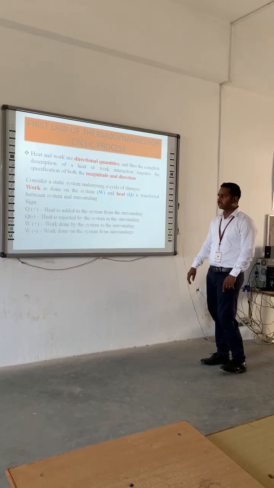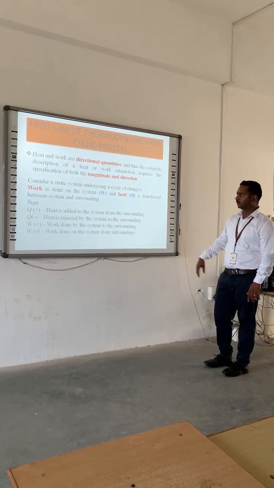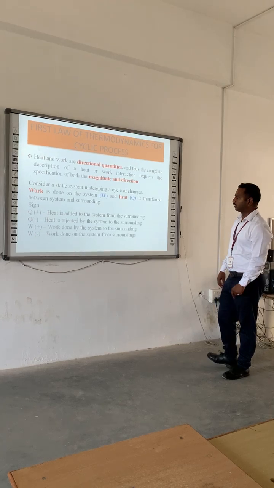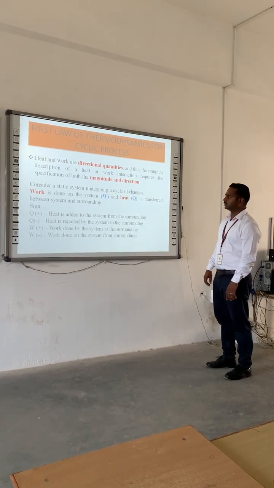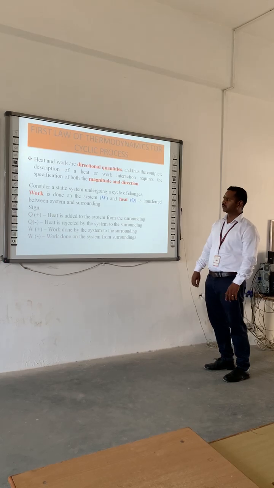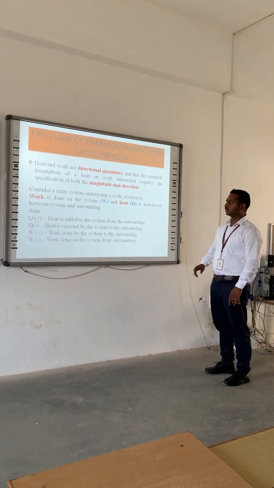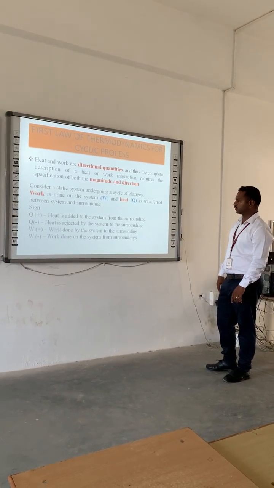Here we have some sign conventions, which are very important in the experiment. The heat which is added to the system, we take as positive. Similarly, consider the heat which is rejected from the system to the surroundings.